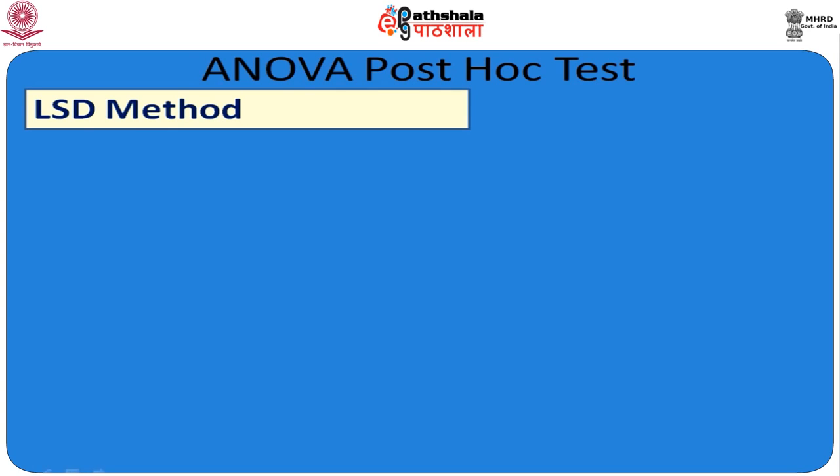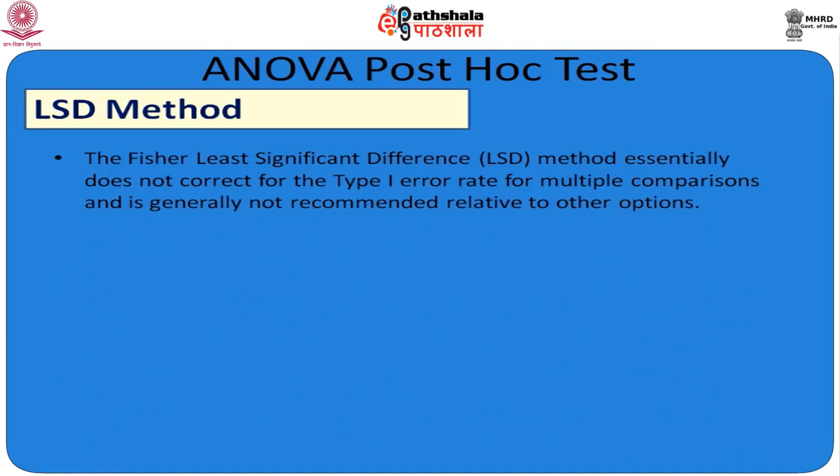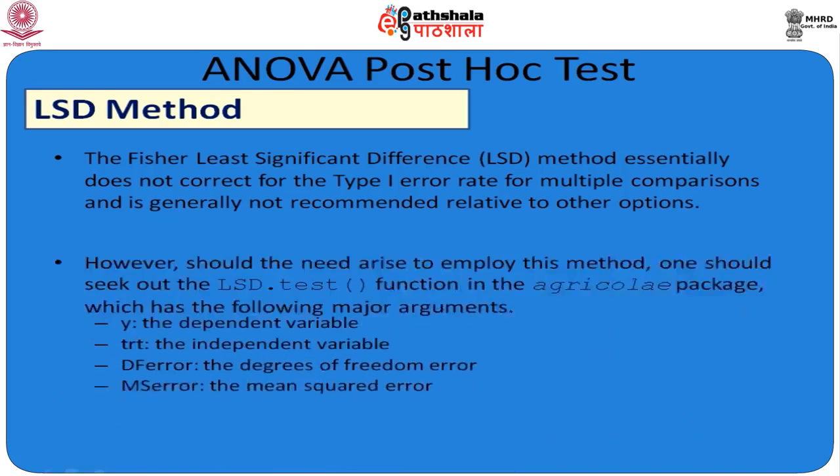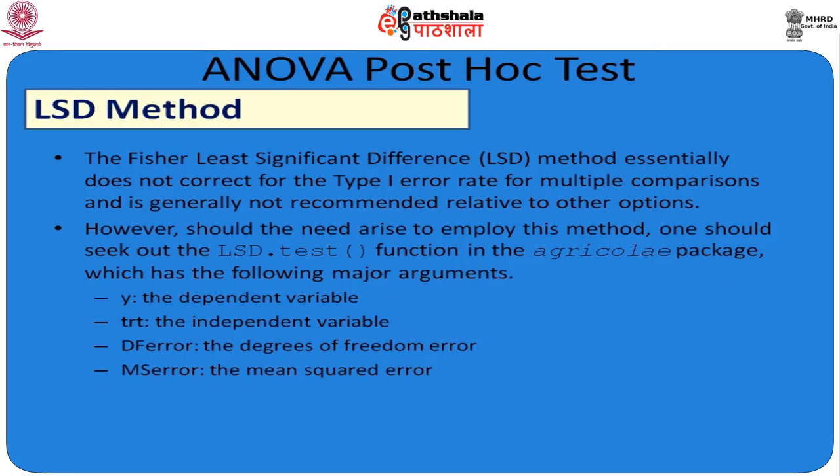Next is the least significant difference method, introduced by Fisher. This method essentially does not correct the type 1 error rate for multiple comparisons and is generally not recommended relative to the other comparisons. However, if somebody wants to perform the LSD test, that function can be called from the agricolae package. That package has to be installed and loaded, then you will get the function LSD.test.